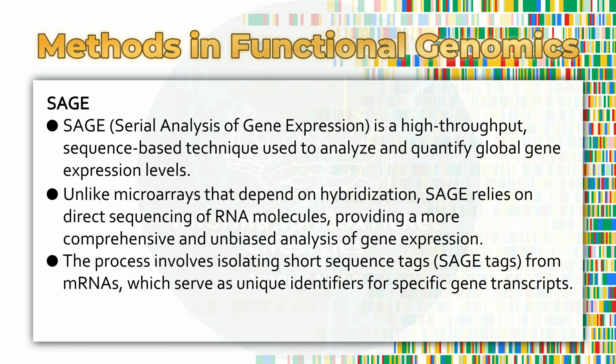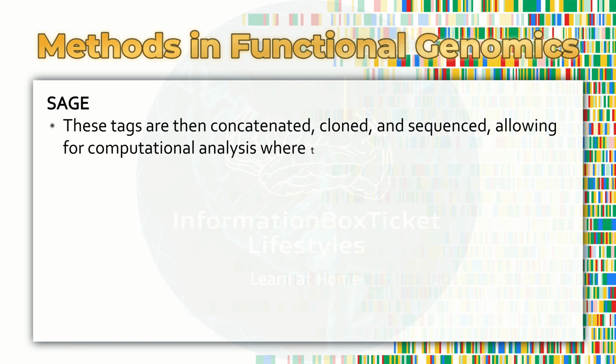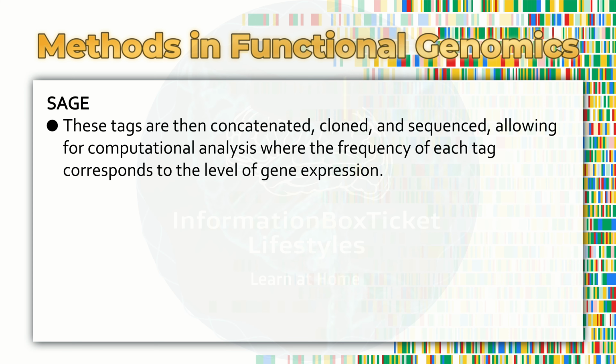The process involves isolating short sequence tags, SAGE tags, from mRNAs, which serve as unique identifiers for specific gene transcripts. These tags are then concatenated, cloned, and sequenced, allowing for computational analysis where the frequency of each tag corresponds to the level of gene expression.